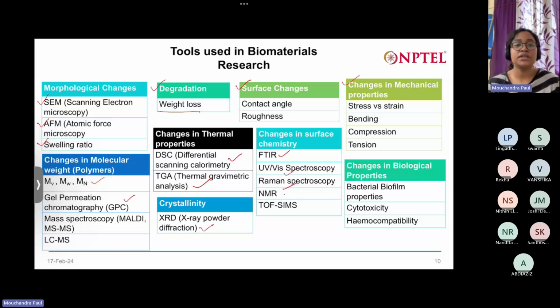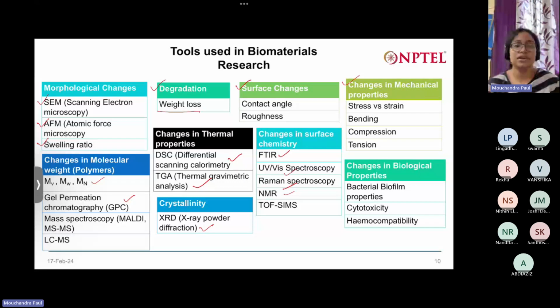Then if the biomaterial is brought in contact with blood when transplanted inside the body, whether that biomaterial is capable of coagulating the blood. If yes, then it is very dangerous. All right. So these kinds of characterizations we do before we fully say with confidence that this biomaterial is suitable for this particular application. For example, tissue engineering. All right.